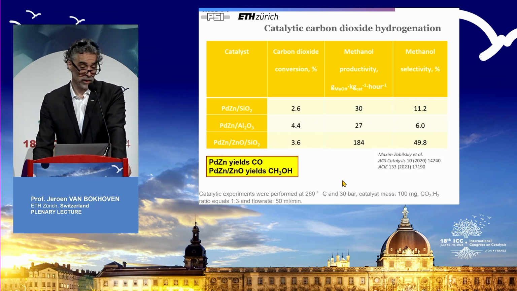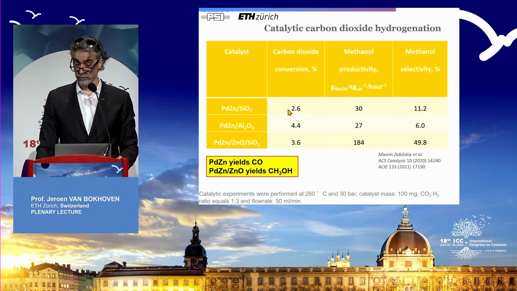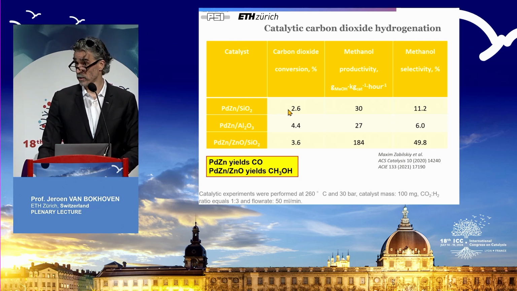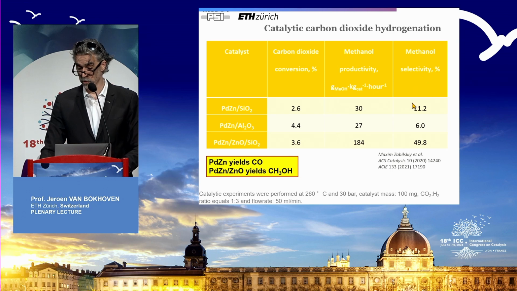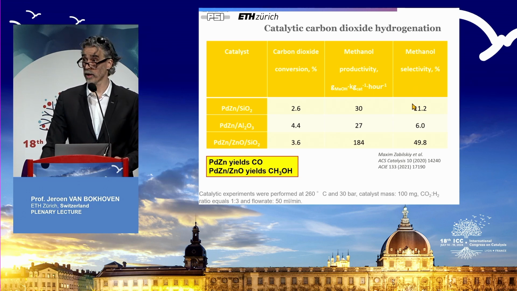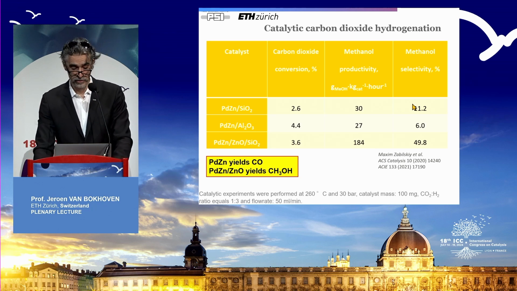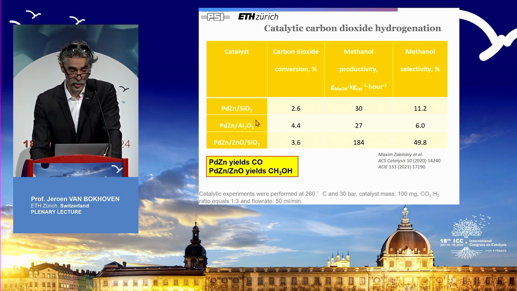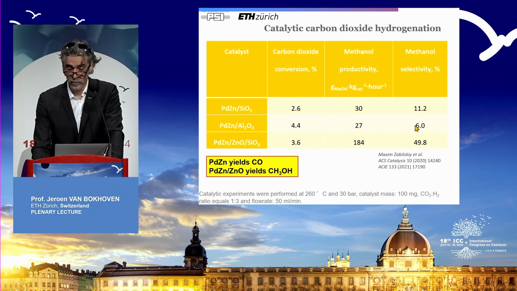And if you look at the catalytic performance, the palladium zinc on silica is under these conditions active in carbon dioxide conversion. However, the selectivity to methanol is really, really low. So these particles are unselective for methanol. Same thing if you put them on alumina, where the catalyst is slightly more active, but also there the methanol selectivity is really low.